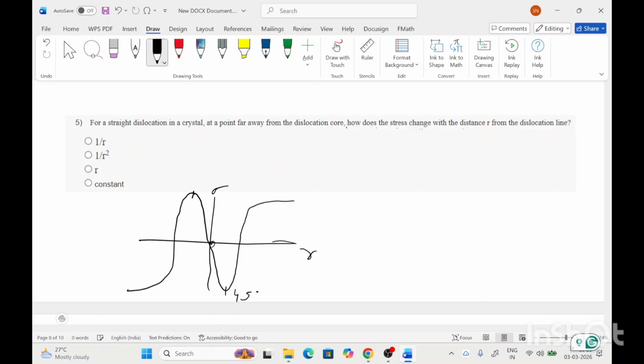At the origin we have the dislocation core, and points far away from the dislocation at both ends have a constant value of stress. So for a straight dislocation in a crystal, the stress at far away points will be constant.